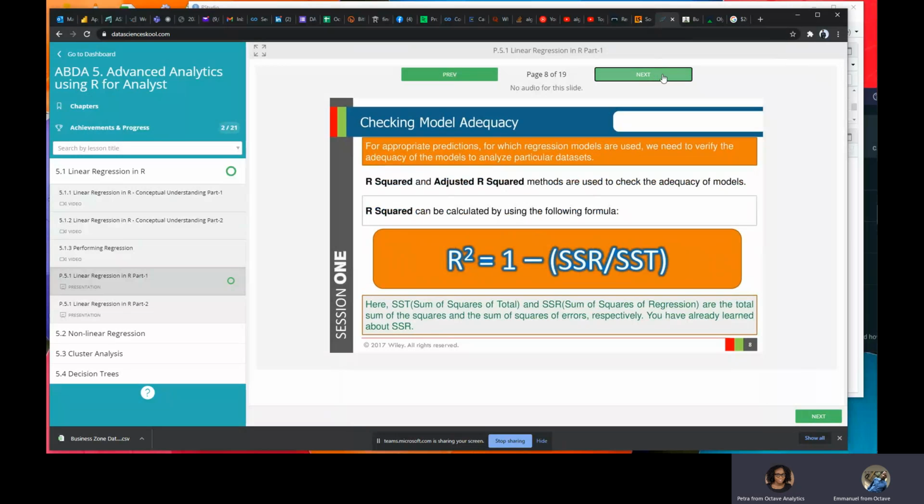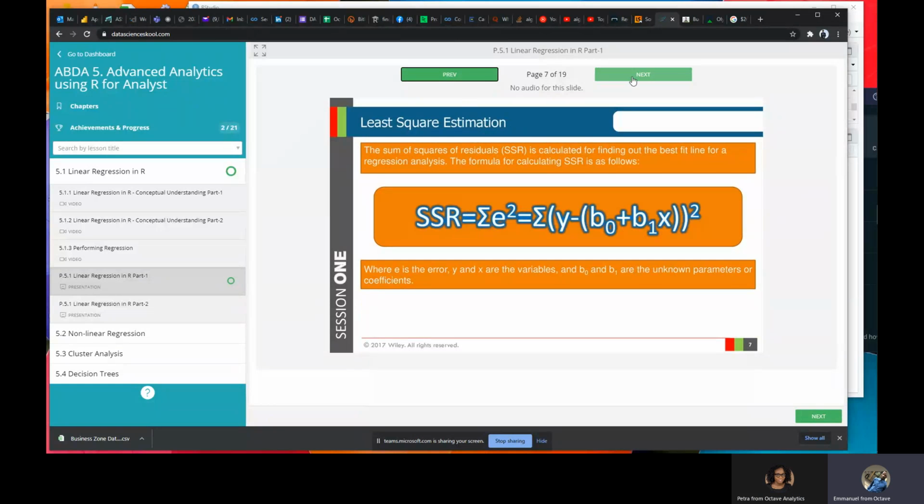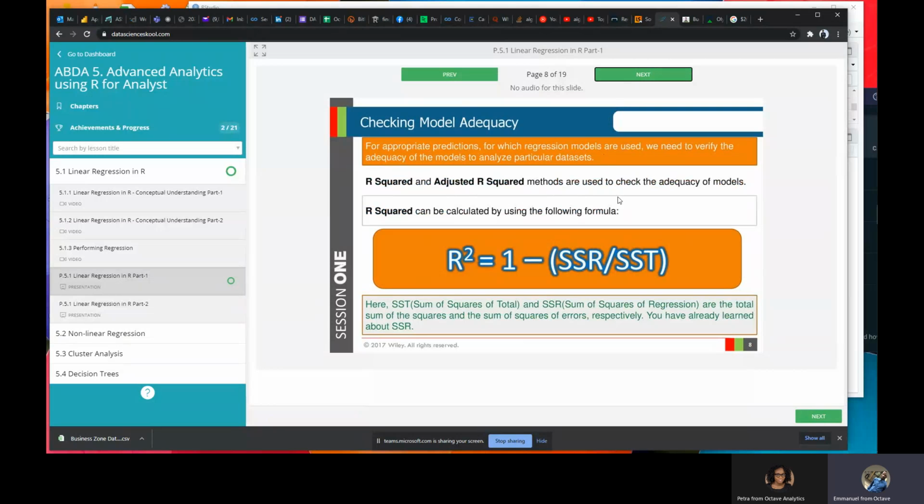So moving forward, checking model accuracy. For appropriate predictions for which regression models are used, we need to verify the adequacy of the models to analyze particular data sets. So R squared and adjusted R squared methods are used to check the adequacy of the model.